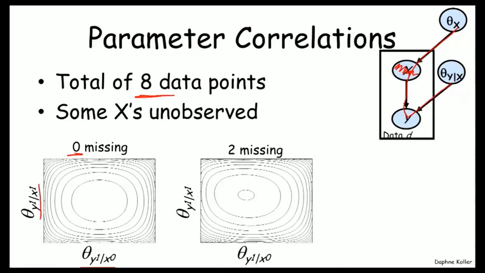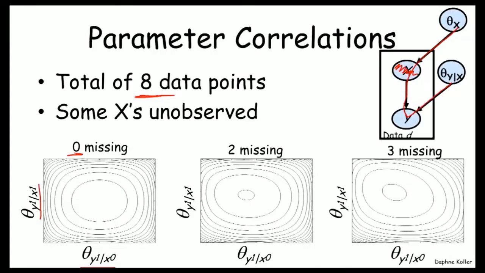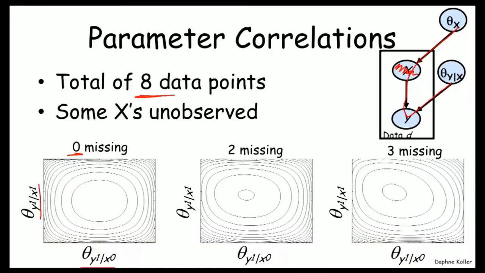But as we start to gain more and more missing measurements, you can see that the contour plots start to deform. And even with 3 missing measurements, you can see that there is significant interaction between the value that I end up picking for theta y given x1 and the value that I end up for theta y given x0.